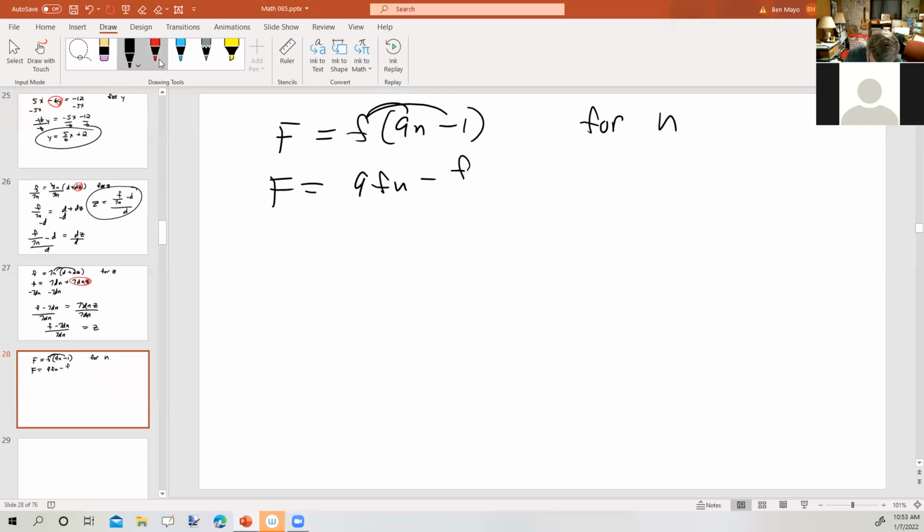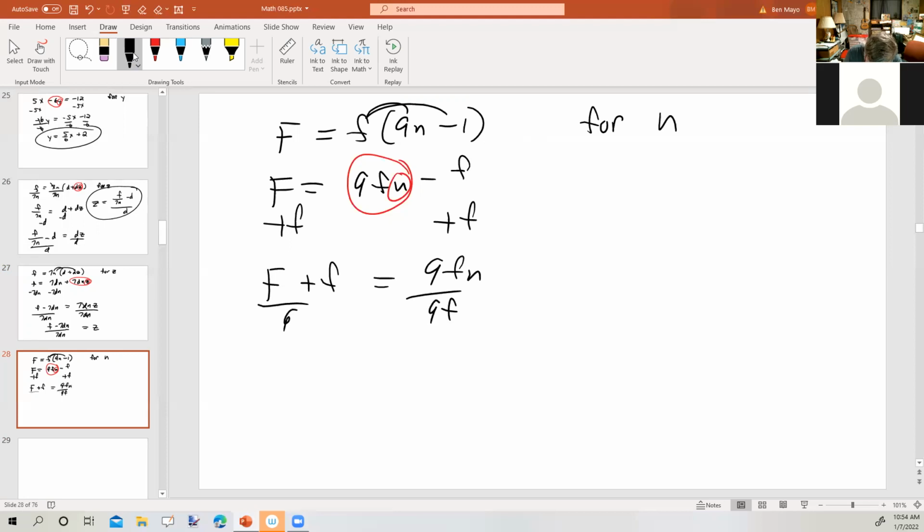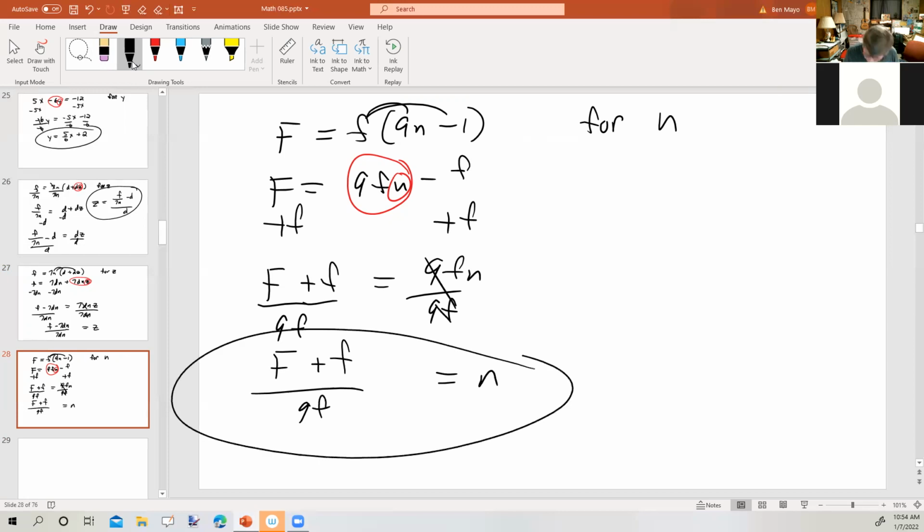I'm trying to solve for n, so there's the variable, there's the variable term. So I'm going to add lowercase f to both sides. Big F plus little f equals 9 little f n. Divide both sides by 9f. n equals big F plus little f over 9 little f, or lowercase f.